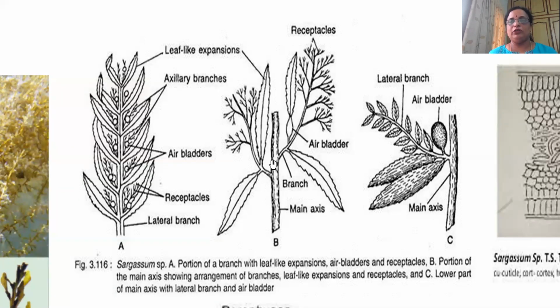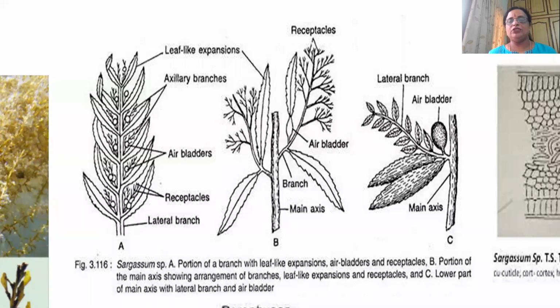The phyllotaxy is 2 or 4. The leaves are dorsiventrally flat, with a mid-rib-like structure, and the margin is serrate. Apart from the leaf-like structures, you can find some air bladders also. The main function of the air bladder is flotation.